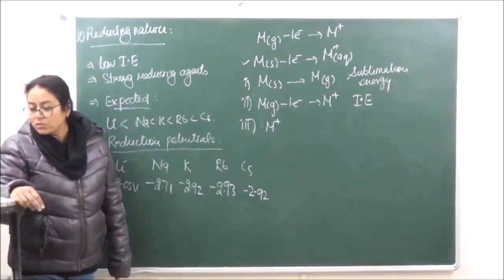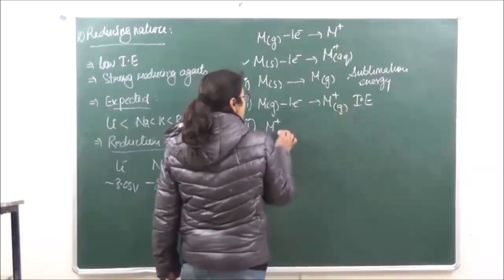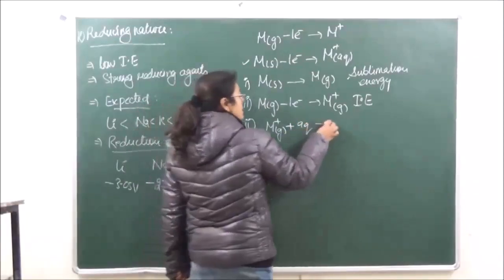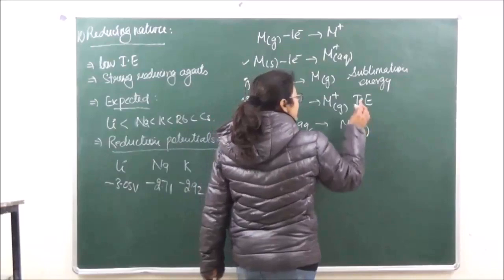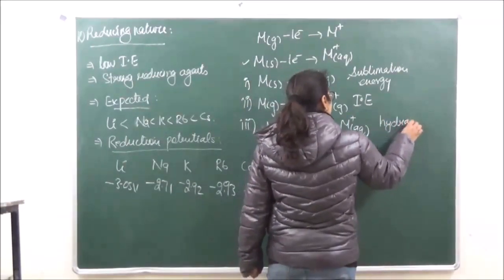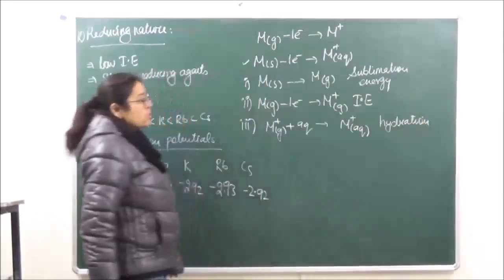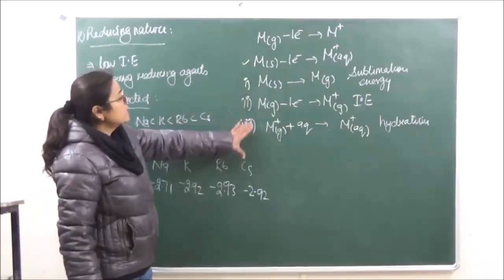So M positive gaseous plus aqueous is going to get converted into M aqueous, and the energy which is required or released over here is hydration energy.